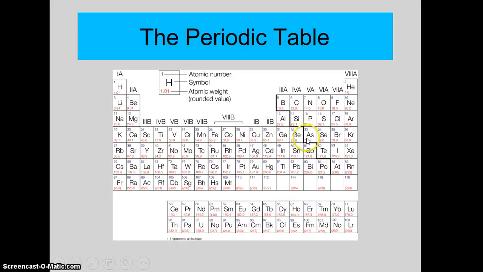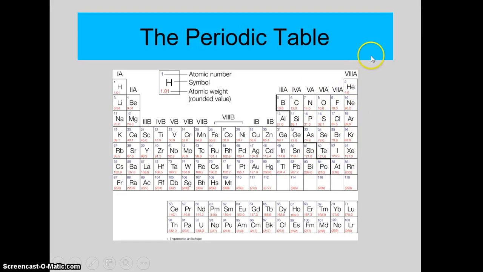Then you get to this jagged line, right? The stuff right along the jagged line, silicon, germanium, and arsenic primarily, are sometimes called metalloids. They're also known as semiconductors. And then up here on the right hand side, these are all the non-metals.